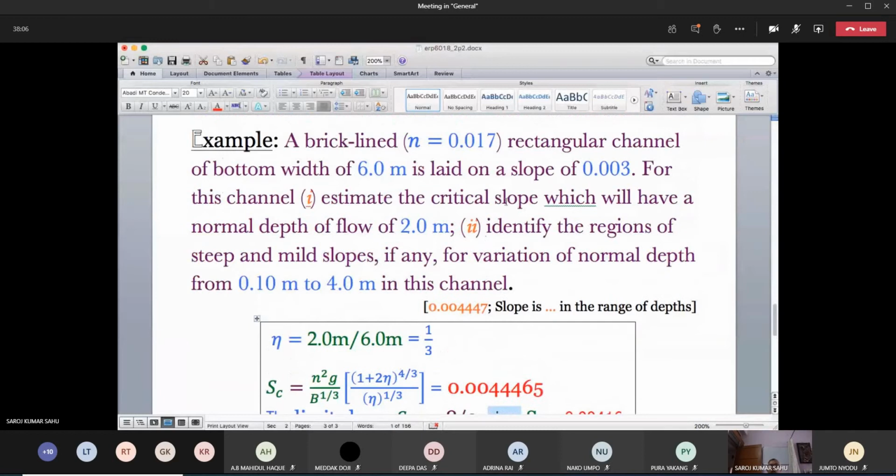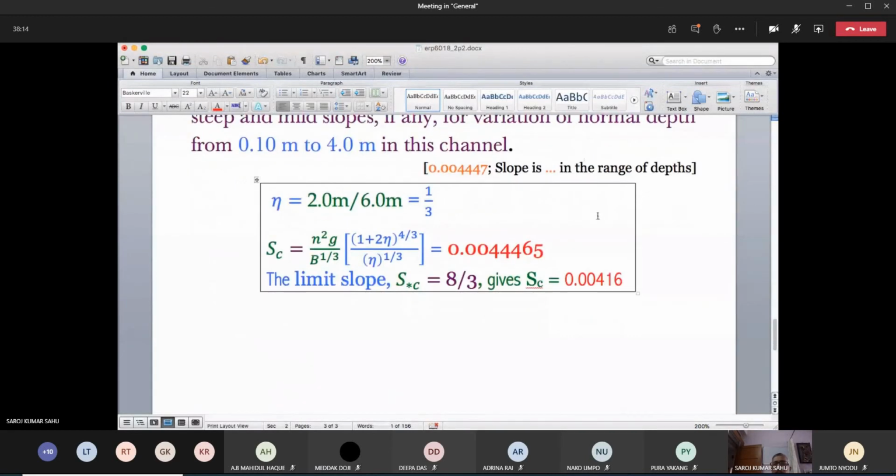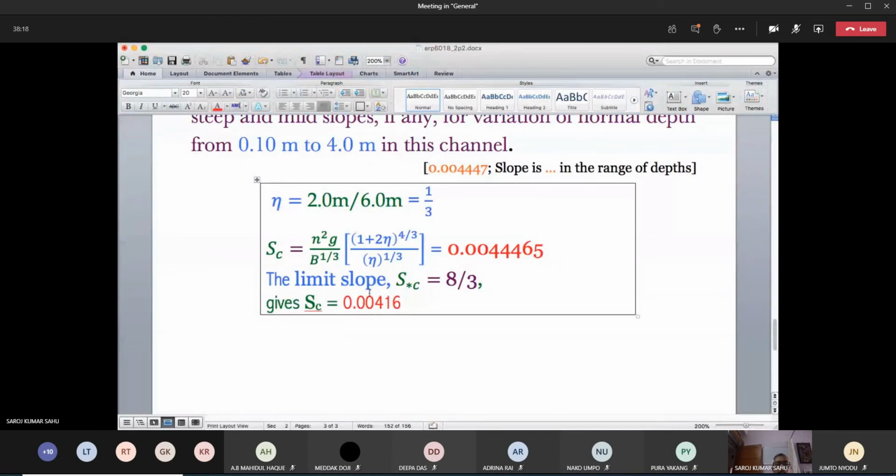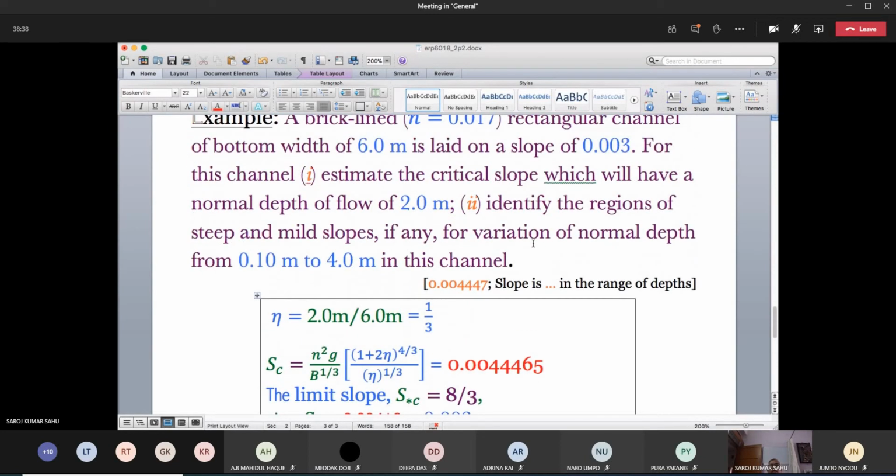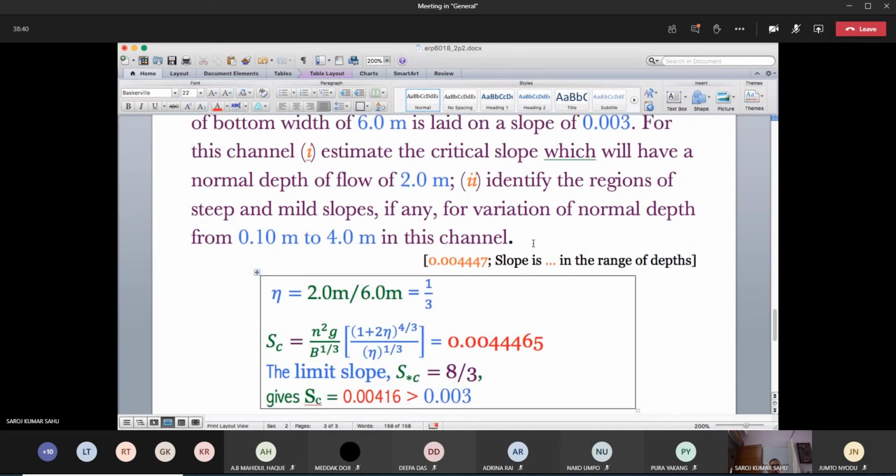For larger y, compare that to this. This is greater than this. That means, let's take a slope of 0.003.